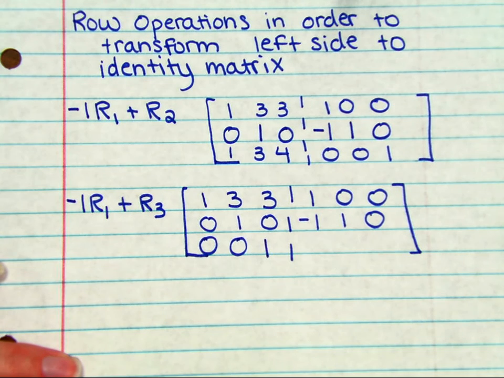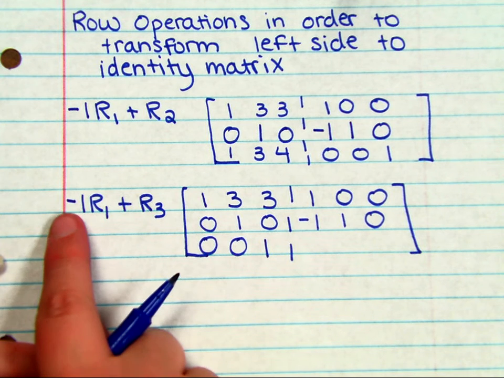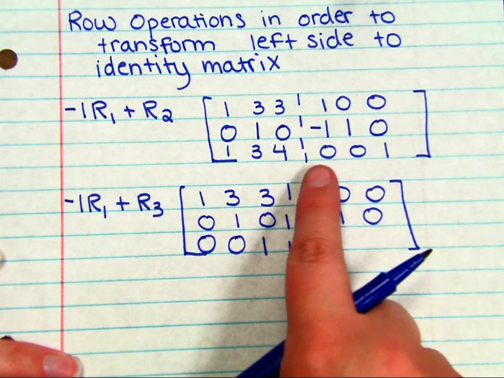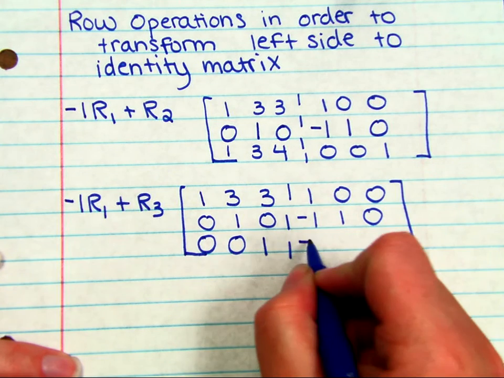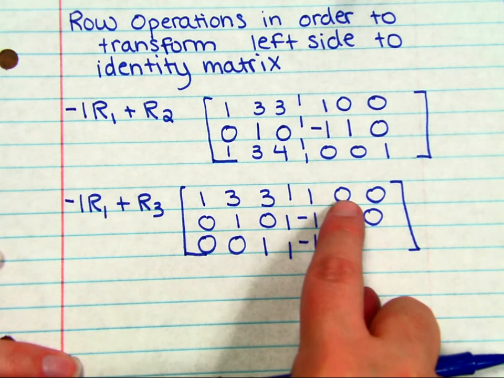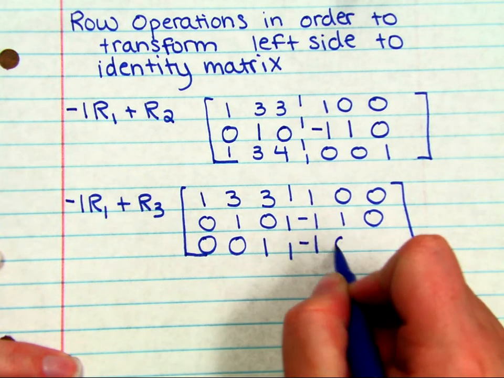And then we need to remember we're also doing it to this right-hand side. So negative 1 times 1 is negative 1, plus 0 would be negative 1. Negative 1 times 0 plus 0 would be 0.